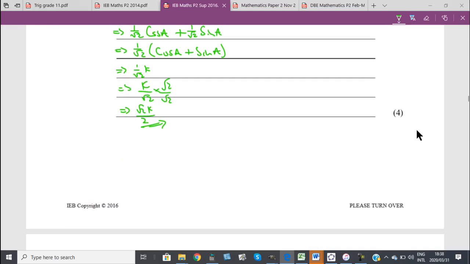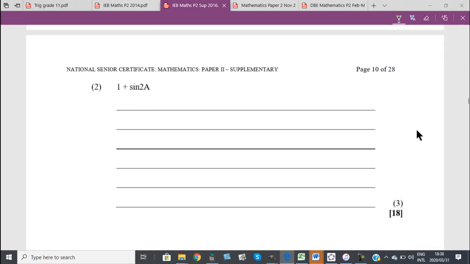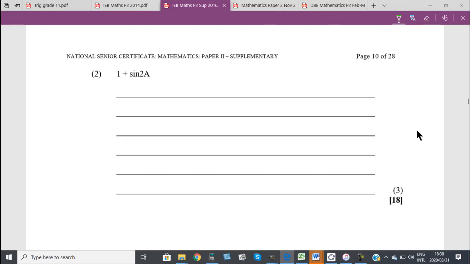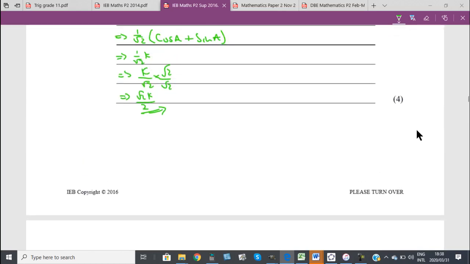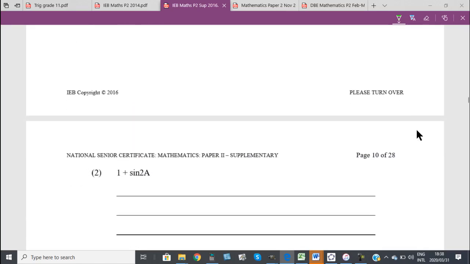Okay, and then I think there was a follow-up question also from this. So this is number 2. So we still have that cos A plus sine A is k. So we just have to apply that here now.